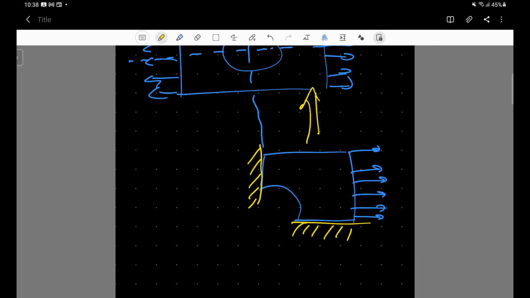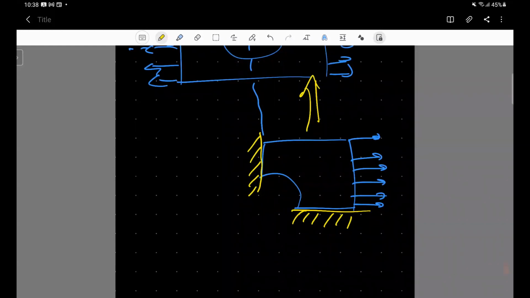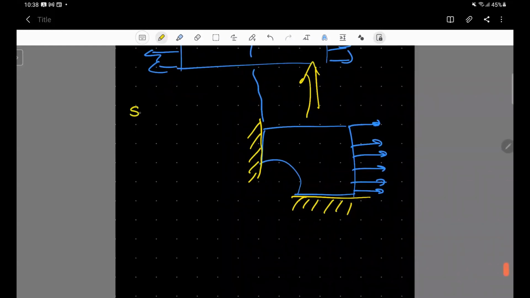So the computation time is drastically reduced by applying symmetry principles to simplify the problem.